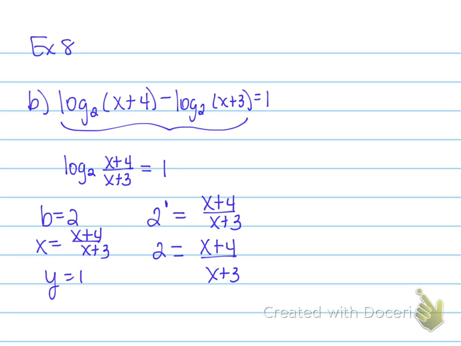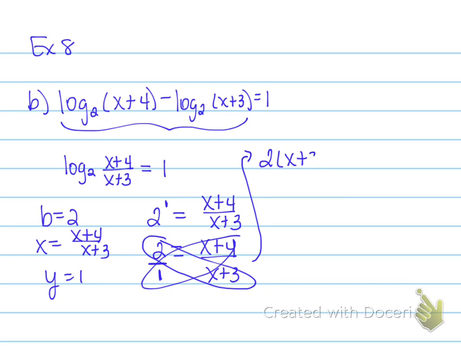Now there's different ways to solve this. The easiest to me is to put the 2 over 1 and then just cross multiply. So when I do that, I get 2 times x plus 3 equals 1 times x plus 4, and then just solve this out. So 2x plus 6 equals x plus 4.